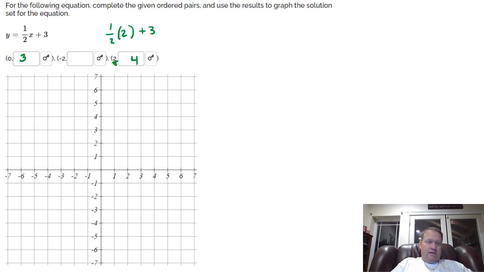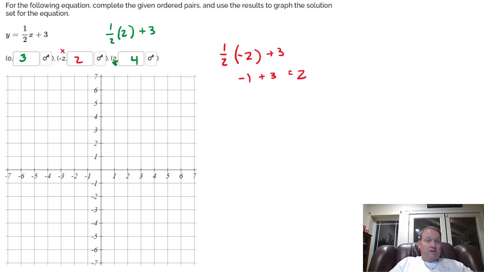The negative number, if that confuses some people a little bit, 1/2 of negative 2, right? That's x. There's our x right there. 1/2 of negative 2, and then plus 3. So half of negative 2 is negative 1. Negative 1 plus 3 is 2. So these 3 ordered pairs better make a straight line because it's a linear equation.